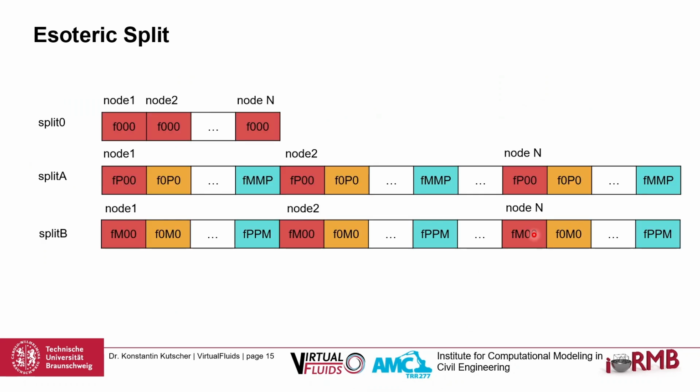Then, as Martin also explained about this esoteric twist, which we use in the CPU code, it is implemented with, actually, three simplified arrays, one for each split, and each array consists of information for each node.